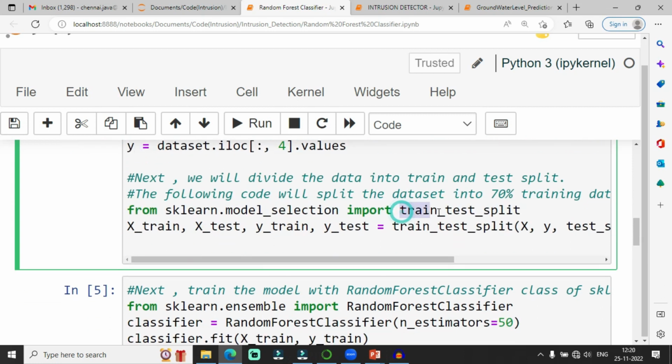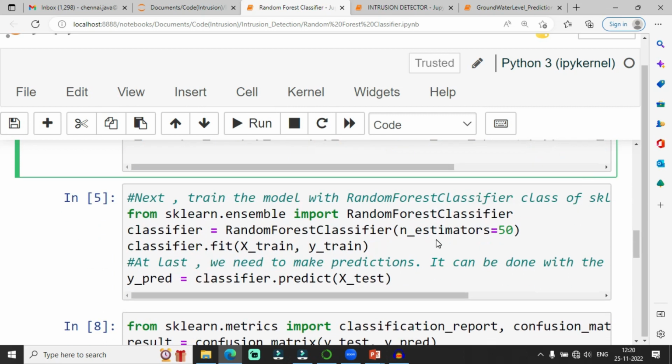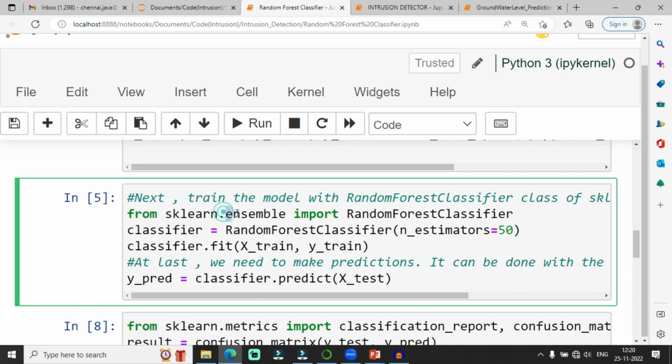Then I am importing the train_test_split module in order to split my data into training data and testing data. Finally, from sklearn.ensemble, I am importing the random forest classifier. Whatever the type of algorithm, I have to import the corresponding classifier from sklearn.ensemble.